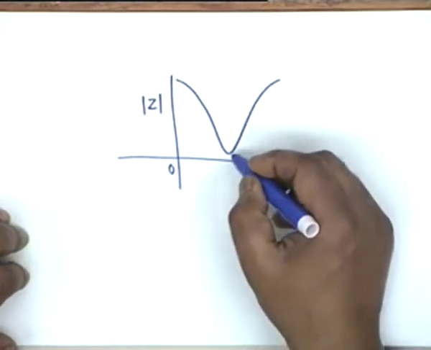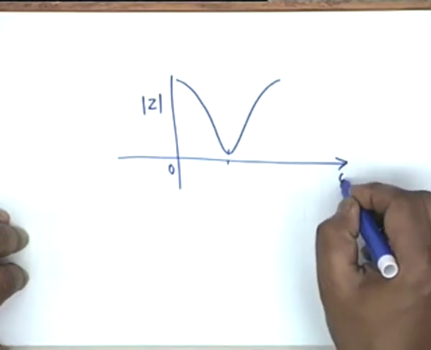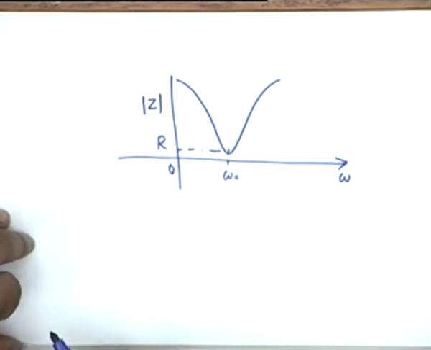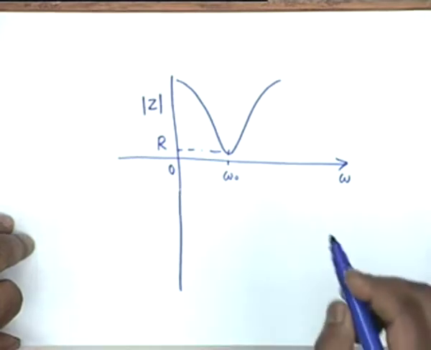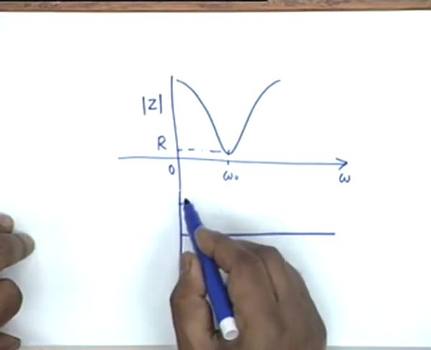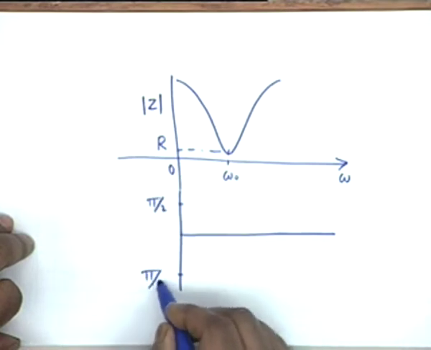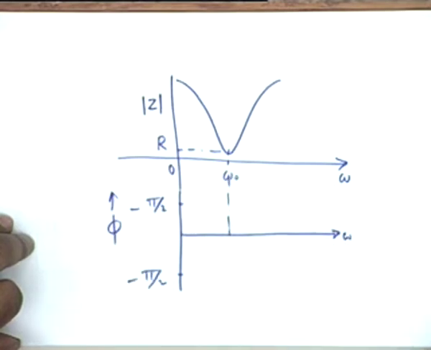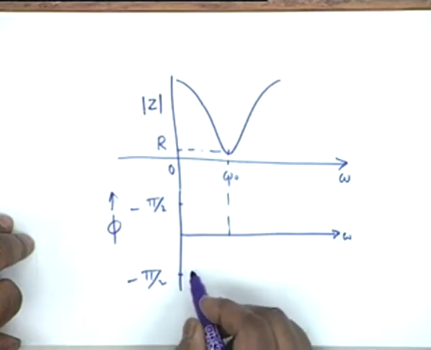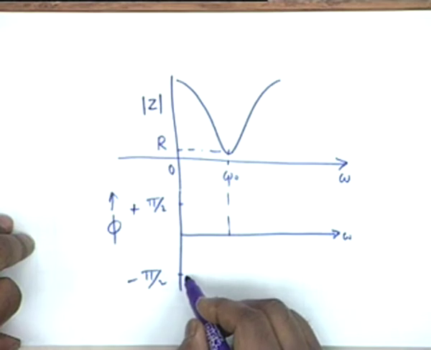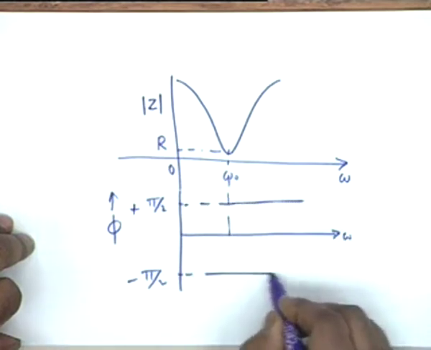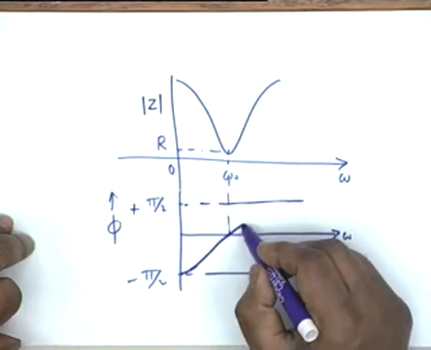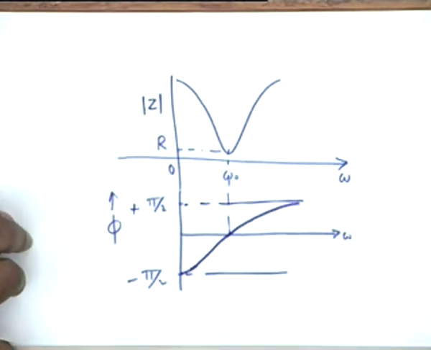It starts from infinity, goes towards infinity, and attains a minimum value of capital R at omega equal to omega 0, and at this frequency if you plot the phase, plus pi by 2 and minus pi by 2, if you plot the phase phi versus omega, then at omega equal to 0 the angle is minus pi by 2, and it goes through 0 at omega 0 and goes to plus pi by 2 as omega goes to infinity.